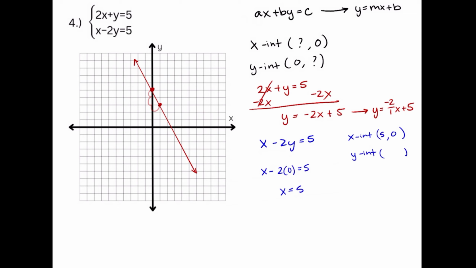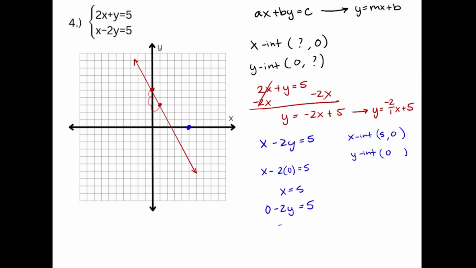So my x-intercept is at 5, 0. 1, 2, 3, 4, 5. 5, 0. To find my y-intercept, I would plug in a 0 for the x value. So instead of x minus 2y equals 5, I get 0 minus 2y equals 5.